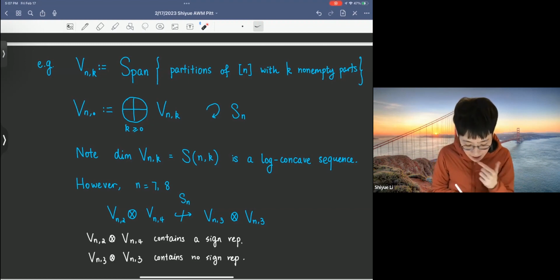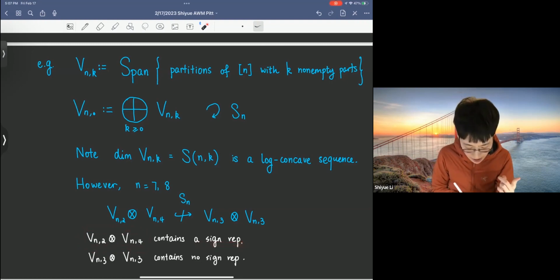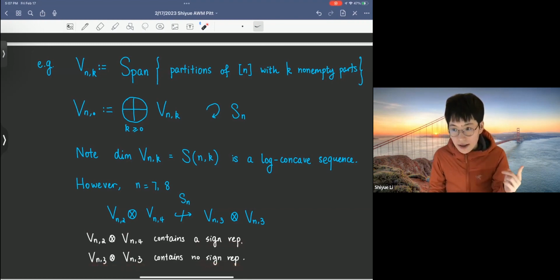Because we found that this tensor product contains one copy of the sign representation as an Sn representation, but the other product does not contain the sign representation. So you cannot find such an injection.